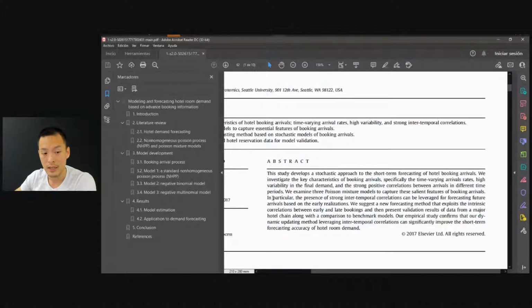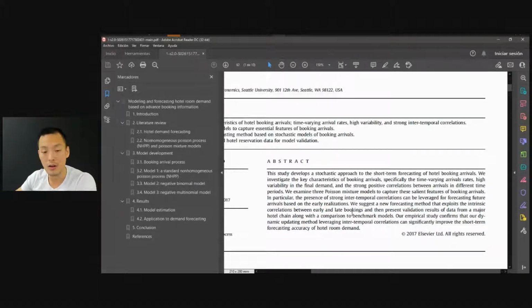Right? Let's keep going. In particular, the presence of strong intertemporal correlation can be leveraged for forecasting future arrivals based on the early realization. And then they suggest a new forecasting method that exploits the intrinsic correlation between the early and late bookings, and then present validation results of data from a major hotel chain.